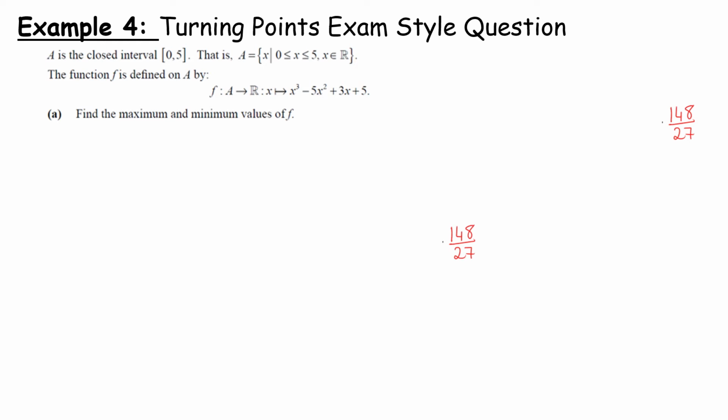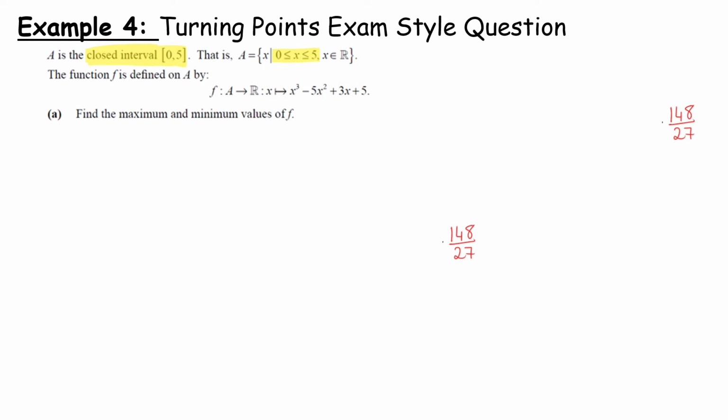So the big thing about this question compared to other functions questions is the fact that it's defined over a closed interval. So that means that x is only between 0 and 5. So that's the only domain. We often see restrictions in the y, in the codomain, but we rarely see it in the domain itself.